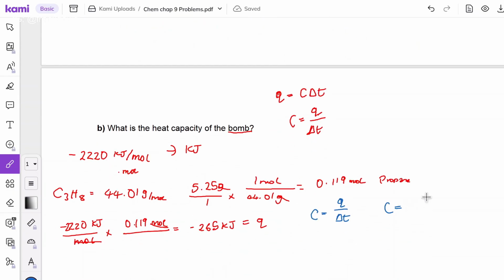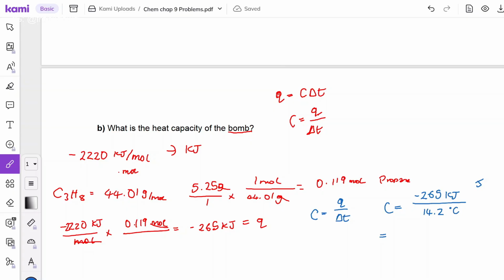So the heat capacity is equal to negative 265 kJ over 14.2 degrees Celsius. Normally the heat capacity in this class has units of joules, but since this is such a large energy, I'm just going to leave it in kilojoules instead of multiplying it by 1,000.